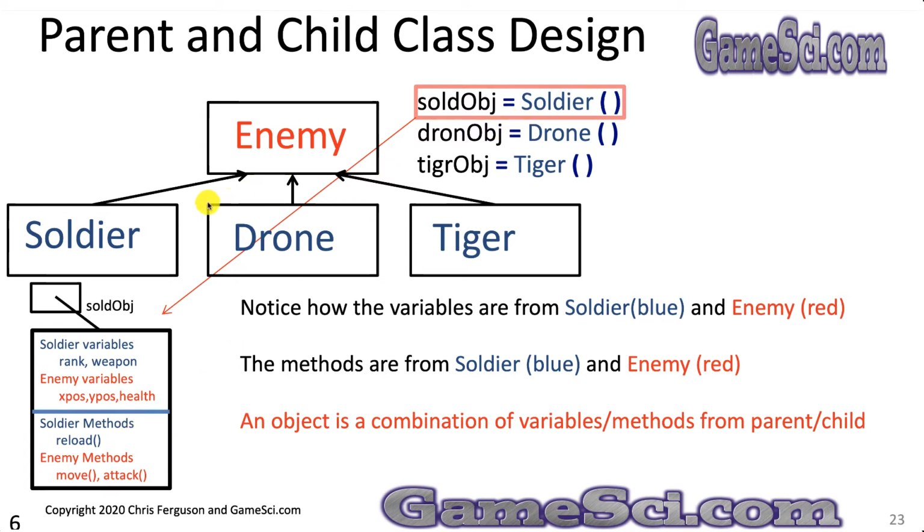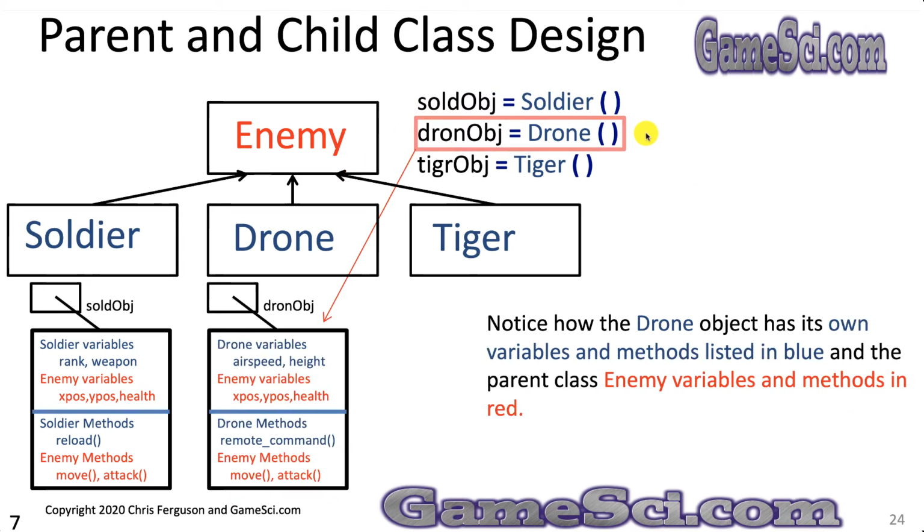But soldier inherits from enemy, and enemy is in red here, and all the variables we inherit from enemy, like xpos, ypos, and health, are in red, and they are part of the soldier object. And the methods we built in the enemy class, move and attack, they're in red. Those are all inherited from the parent class enemy. An object is a combination of variables and methods from the parent and the child.